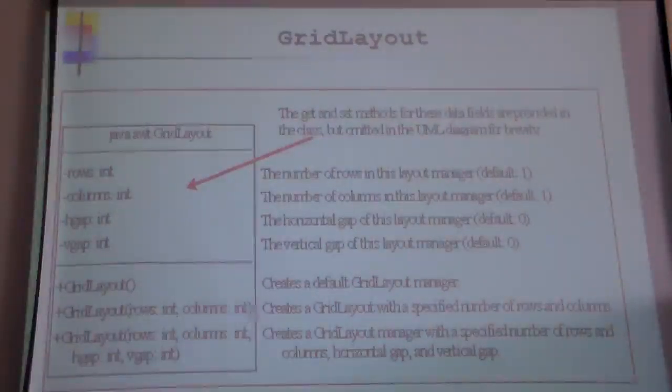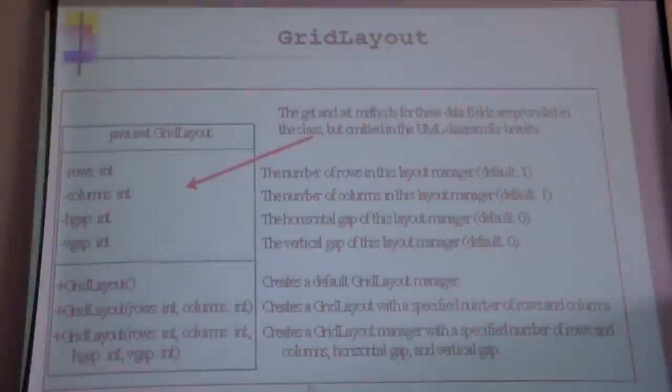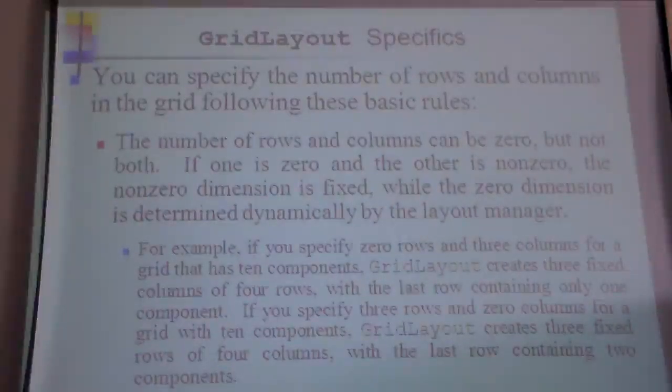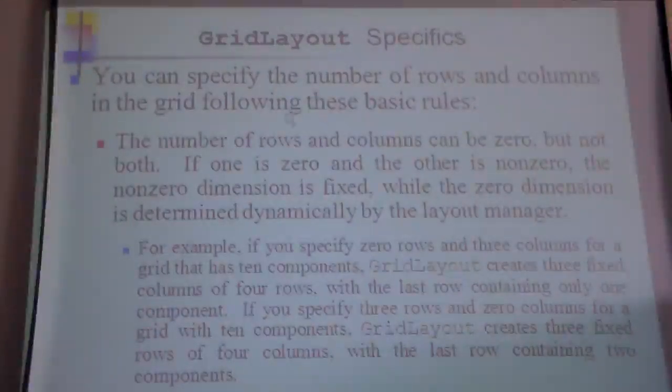And the column, which is also an integer, and maybe you can also specify the horizontal and vertical gap. So you can specify the number of rows and columns and the grid follows the basic rules.